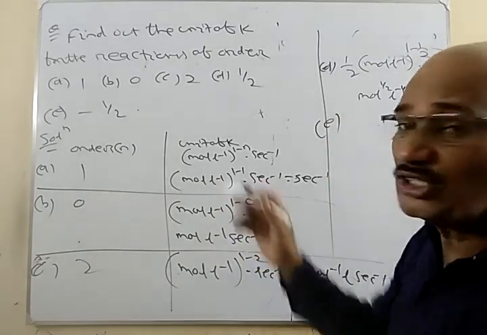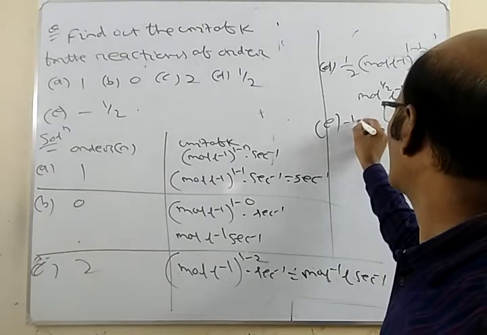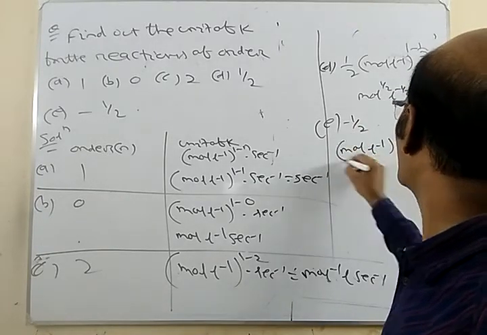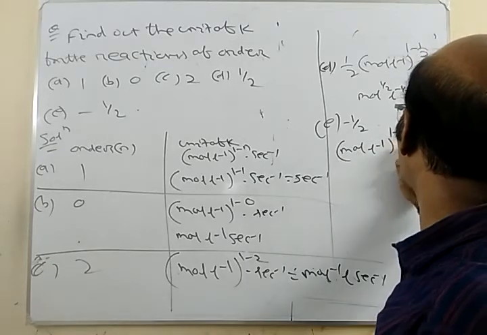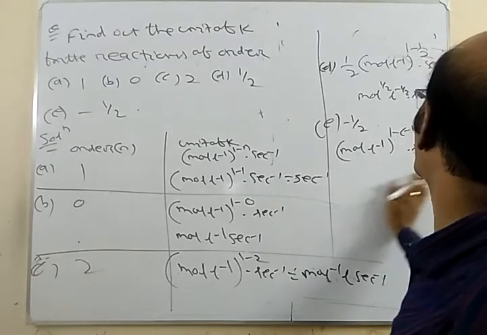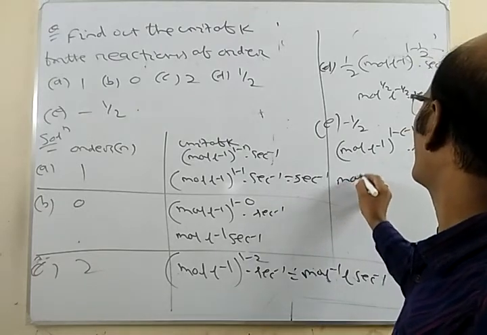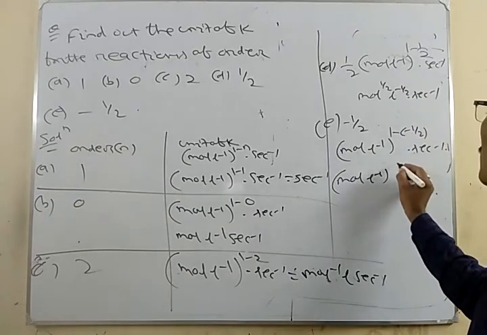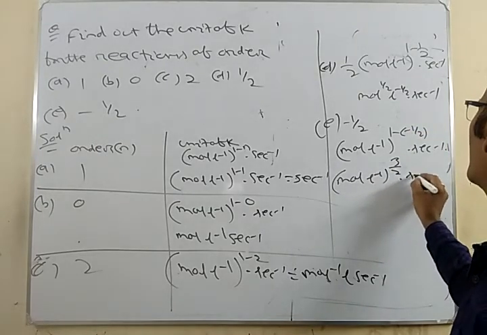Now for order minus 1 by 2: mole liter inverse power 1 minus minus 1 by 2 into second inverse. So mole liter inverse power 1 plus 1 by 2, that is 3 by 2, second inverse.